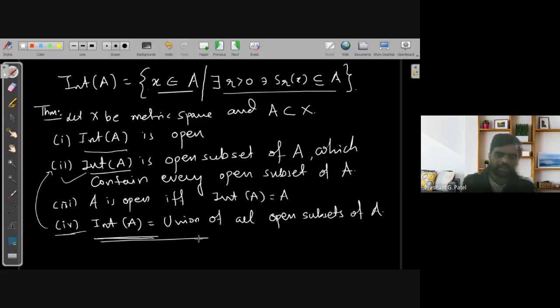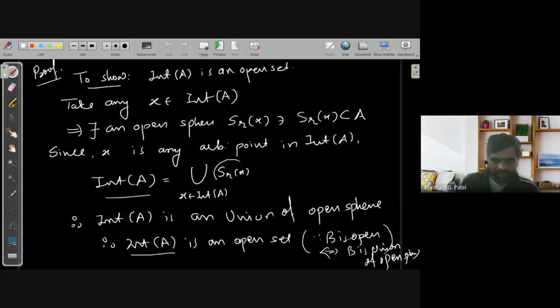The last statement says that it is a union of open subsets of A. So it also proves that statement, because each S_r(x) is a subset of A. So hence the fourth statement is also covered here. So the fourth statement is proved.